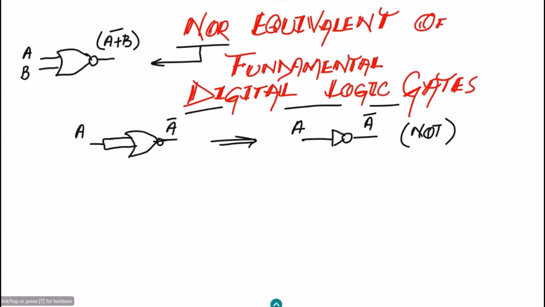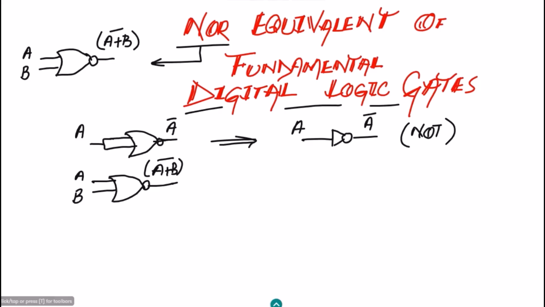Similarly, if I have a NOR gate here, and at the input of it I have applied A and B, which are two inputs, at the output of it I will get (A plus B) whole complement.